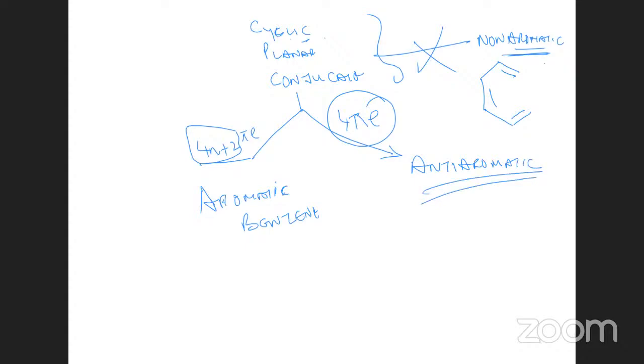Depending on the level of study you are doing, this may not be important, but just understand cyclic, planar, conjugated. If they don't match any of the things, non-aromatic. All three matching, and if you have 4n plus 2 pi electrons, then they're aromatic. If they have only 4 pi electrons, they become anti-aromatic.